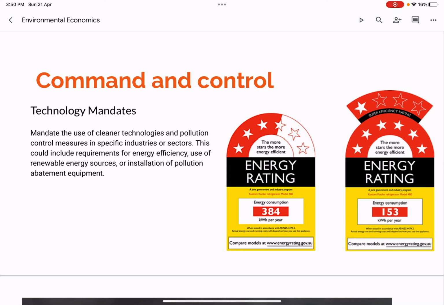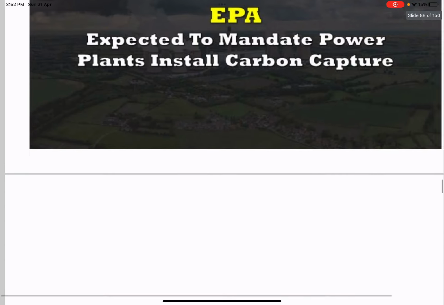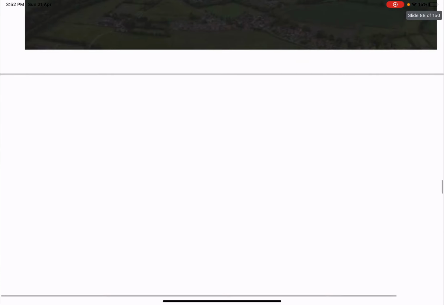So it is expected now the power plants should install the carbon capture technologies, and that should lead to carbon sequestration and tackle global warming, right? So all these issues, a few more examples I will give before I close this command and control approach.